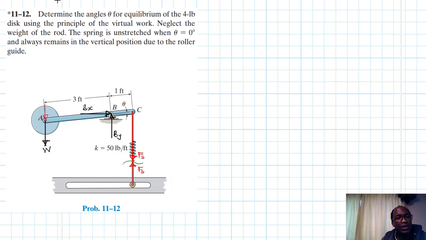Great. So let me draw the deflected configuration of this system. So we are going to have something like so, right? So what happens? This point is going down at A. What happens at C? At C, you expect it to be going up, right? Of course.